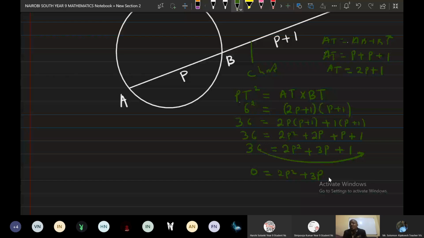We are moving stepwise so that you can see each and every step. So we have 0 equals 2P squared plus 3P plus 1 minus 36, you get negative 35.